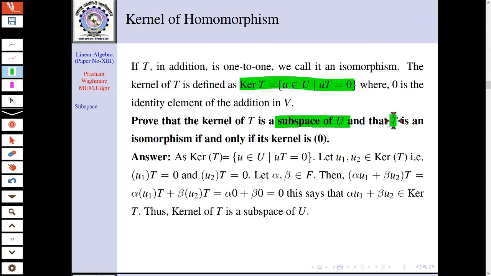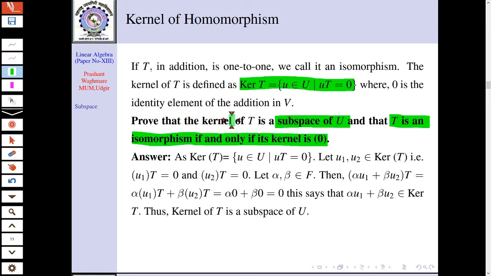That result is: T is an isomorphism if and only if its kernel is 0. Its kernel is 0 means what? In the kernel of T there is only one element, and that element is 0. And this is an if and only if condition. Means T is one-one, so obviously it's an isomorphism, implies the kernel contains only 0. And conversely, if the kernel of T contains only 0, then T has to be one-one, means T has to be an isomorphism.